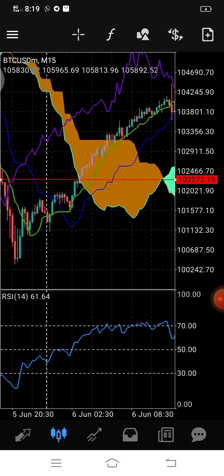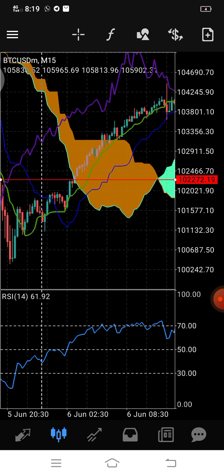So at this particular point, don't you see the green crowd telling you that this is already a bullish crowd coming out? And in this bullish crowd, the green line is still above the blue line. The conversion line is still above the baseline, and the market is above the crowd.